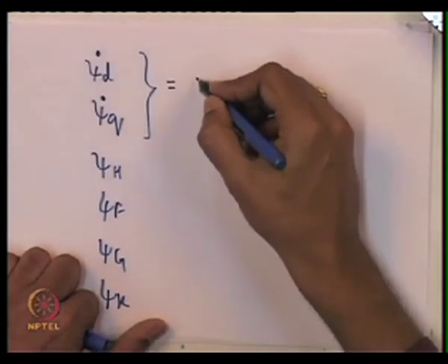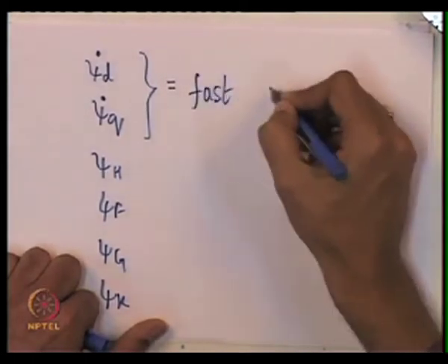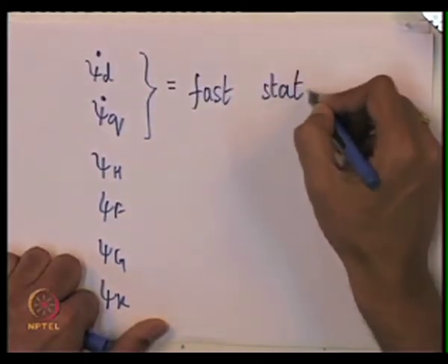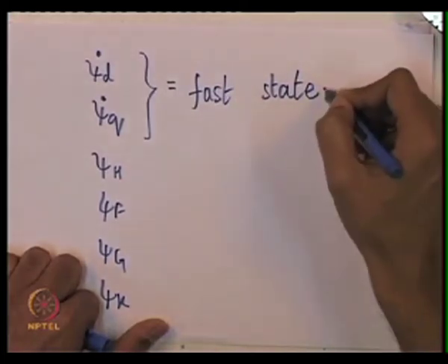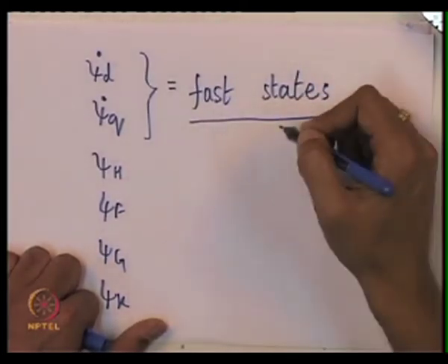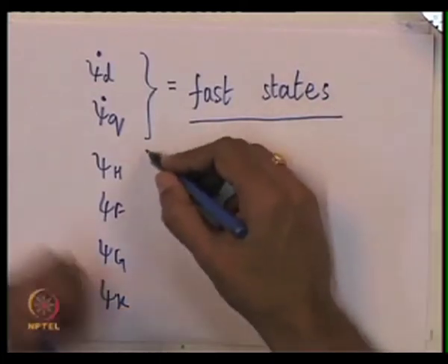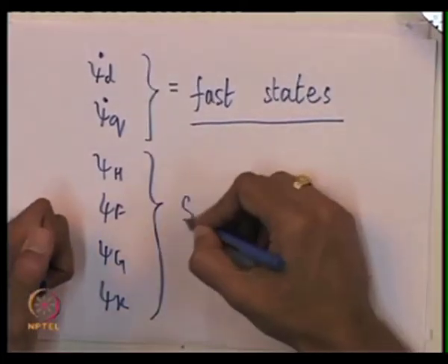We will call these the fast states, because we guess that they are associated with the eigenvalues of large magnitude, and these in fact are the slower states.